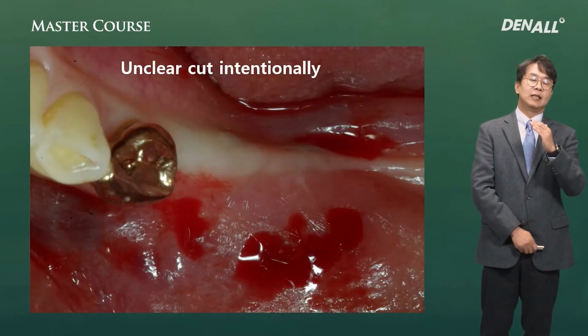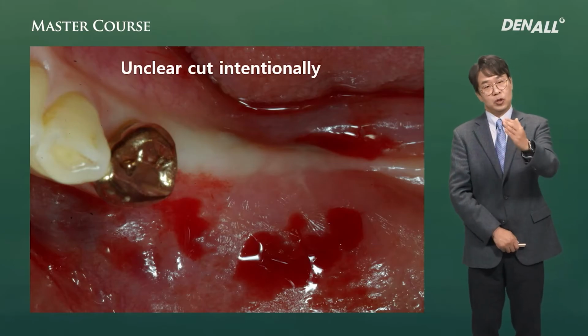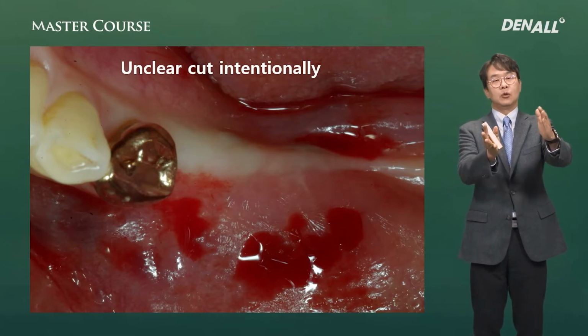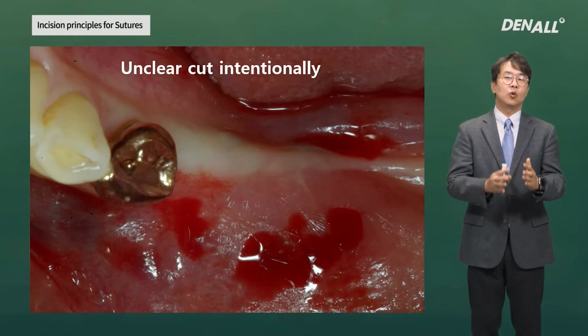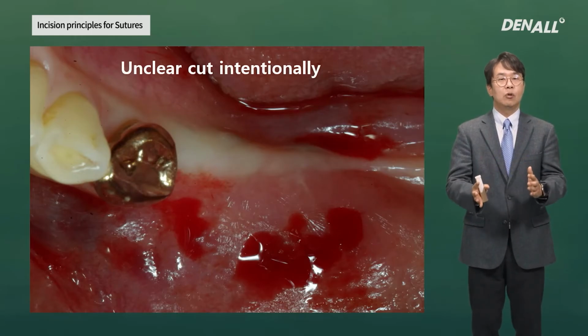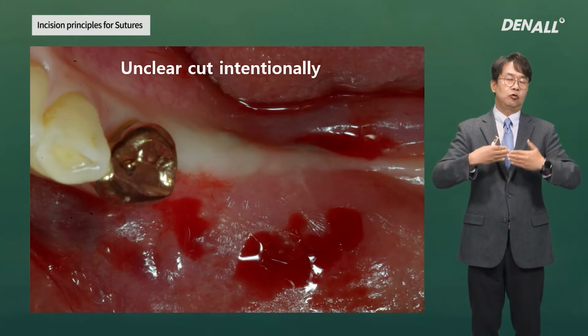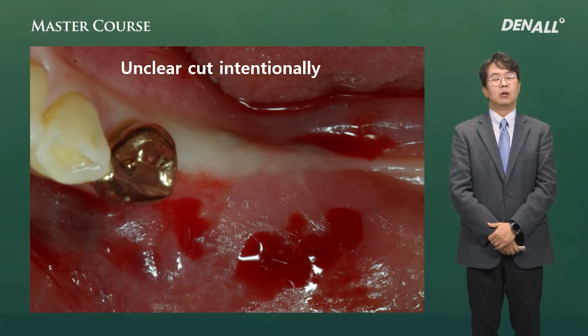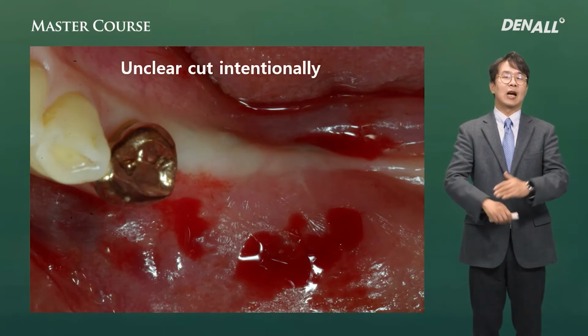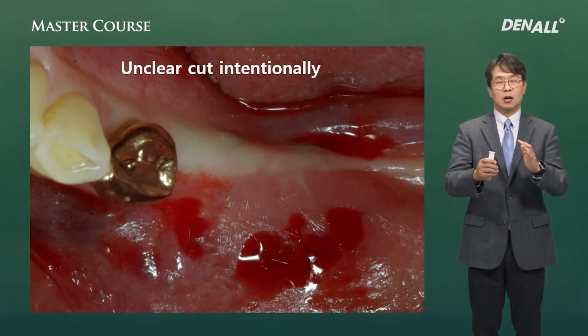Intentionally, we can use this procedure not to cut the periosteum. The remaining keratinized gingiva is very narrow, so we try to leave the keratinized tissue and move it buccally. So it is not cut cleanly, intentionally.